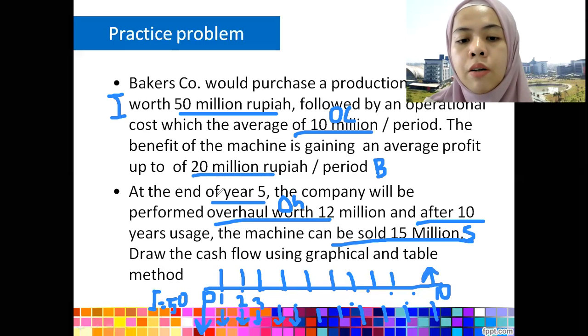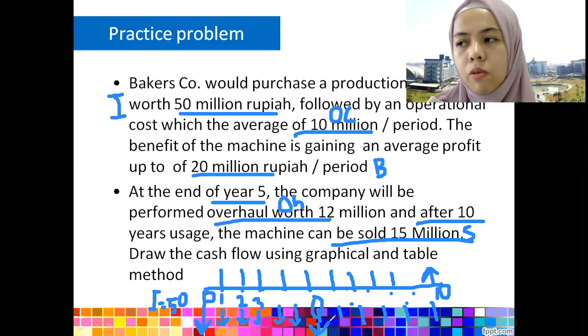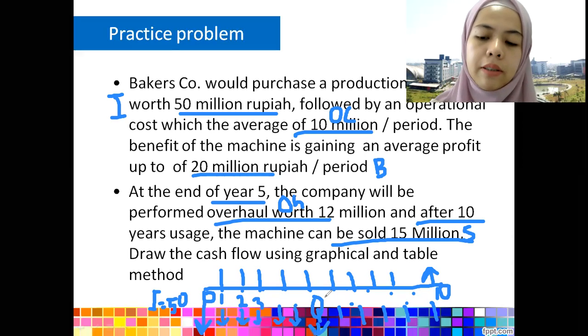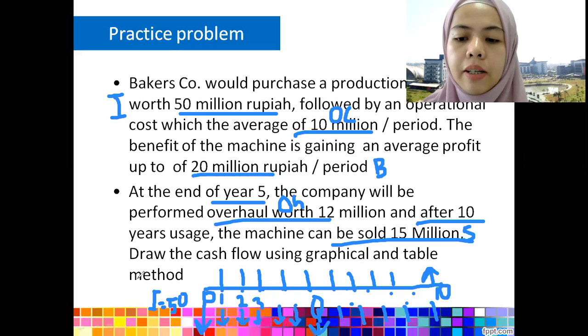Now, at the end of year 5, the company will perform an overhaul. So in the 5th period, we have a double arrow for operational costs and also for overhaul. Just draw 2 different arrows. And after that, the machine can be sold.